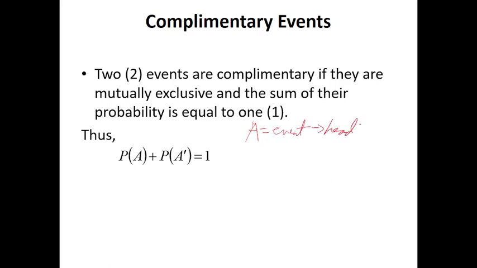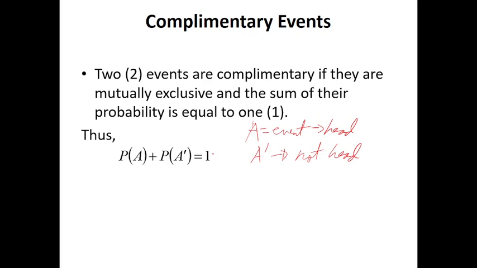Head will appear. Yung A prime, ito yung event na not head will appear. So yan yung event na hindi head yung mag-a-appear. So yung probability ng dalawa pag pinag-add mo, that is 1.